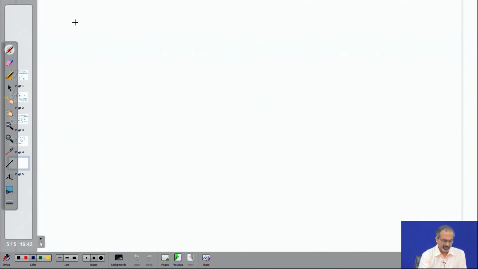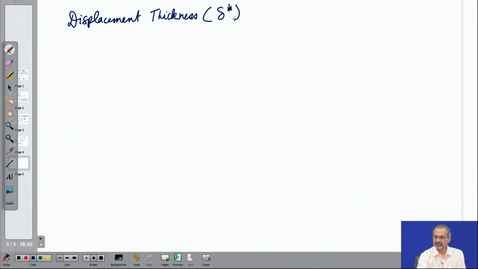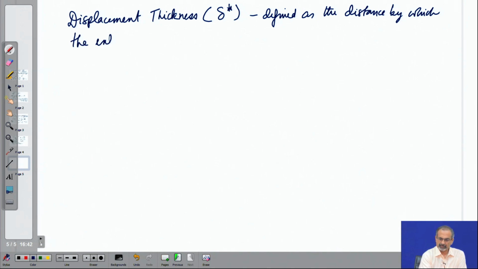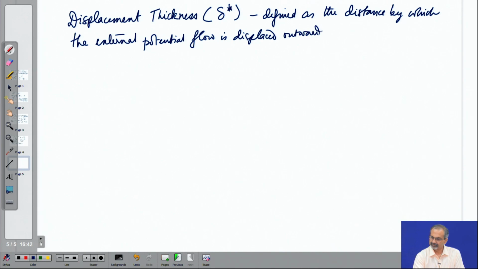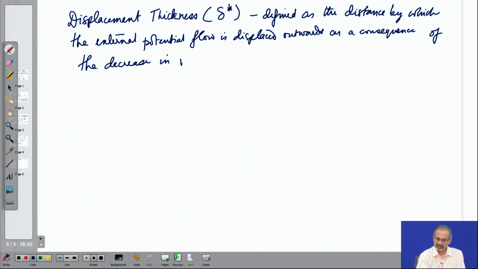In the context of boundary layer theory, it would be very inappropriate not to talk about the concept of displacement thickness, which is represented as delta star, and it is defined as the distance by which the external potential flow is displaced outwards as a consequence of the decrease in velocity within the boundary layer.